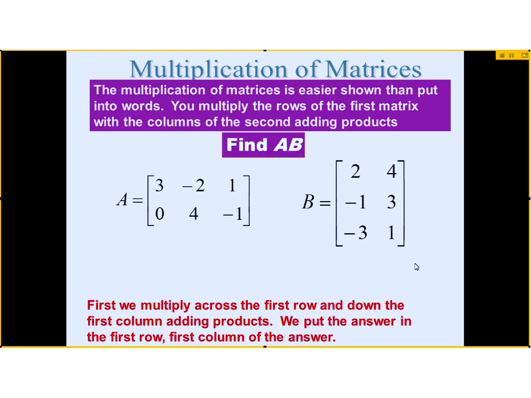So find AB. First we multiply across the first row and down the first column, adding the products. We put the answer in the first row, first column of the answer. This is the procedure for multiplying two matrices. Now I am going to show how we can multiply.